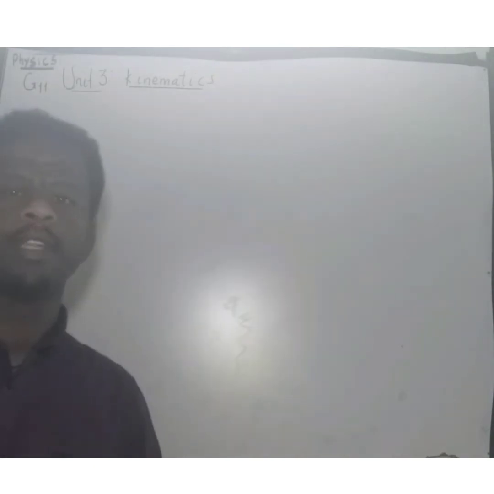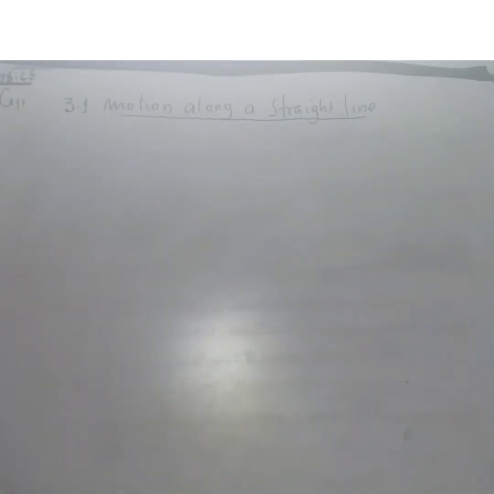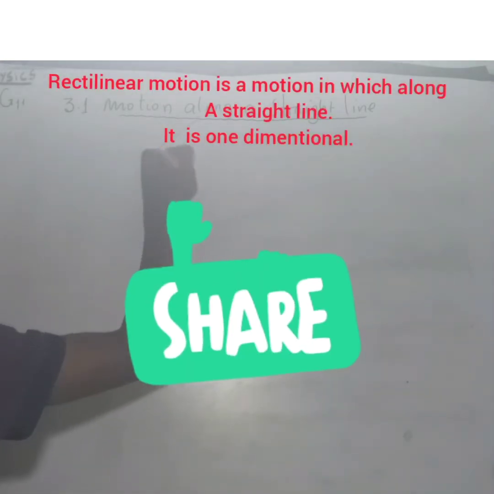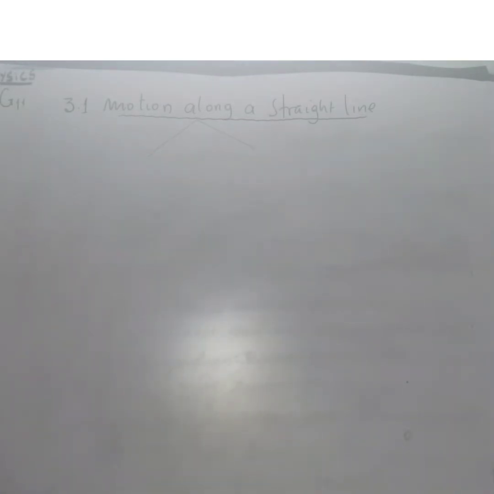Let's continue the topic: motion along a straight line. Motion along a straight line is classified into two classes. These are uniform motion and uniformly accelerated motion.